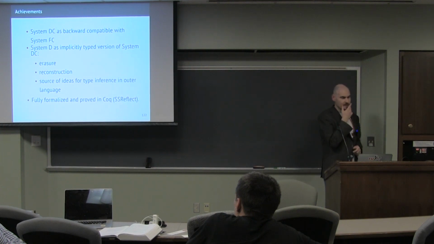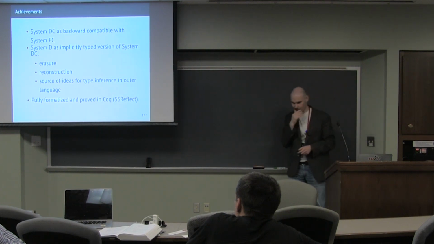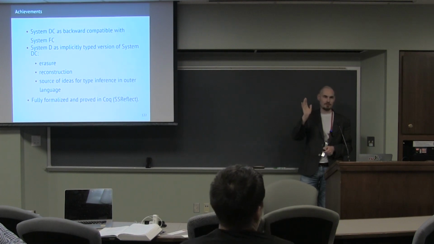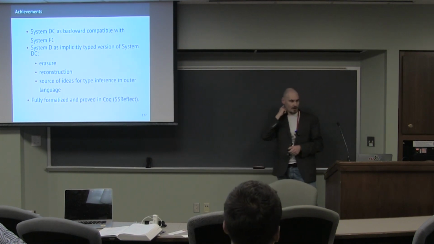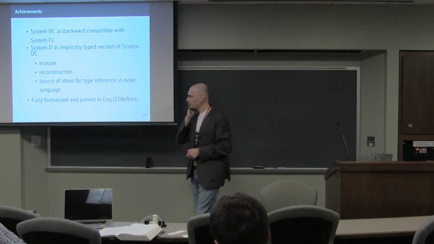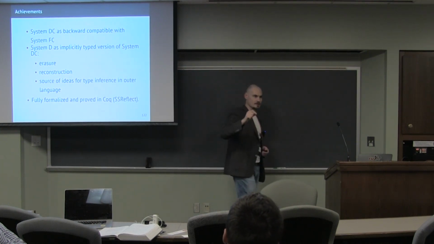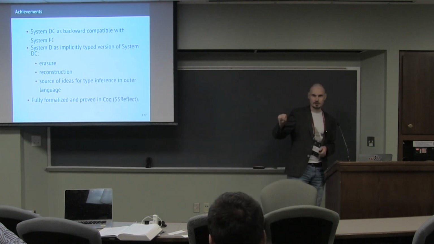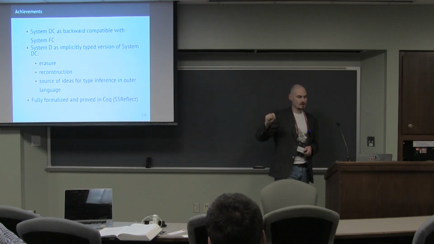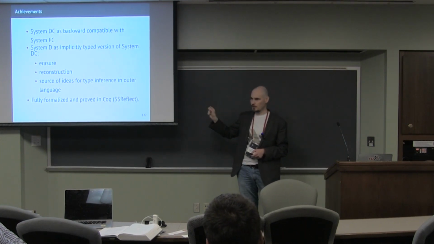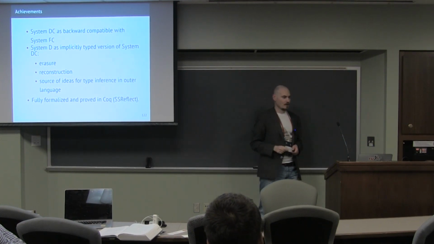So technically, what they did in those papers, yeah, it's 2017 again. It was presented in September. They provided System DC. So it's dependent types with coercions, with the idea of making it compatible with System FC, which we were talking about today.